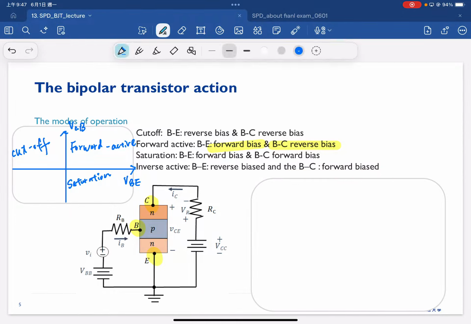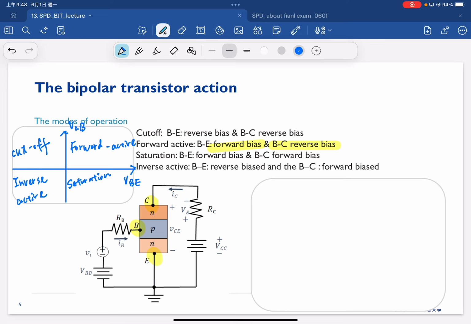This is the region we call the inverse active. So the operation of the BJT simply depends on how we bias these two back-to-back PN junctions with respect to the center point of the base. That's why the one in the middle is called the base.